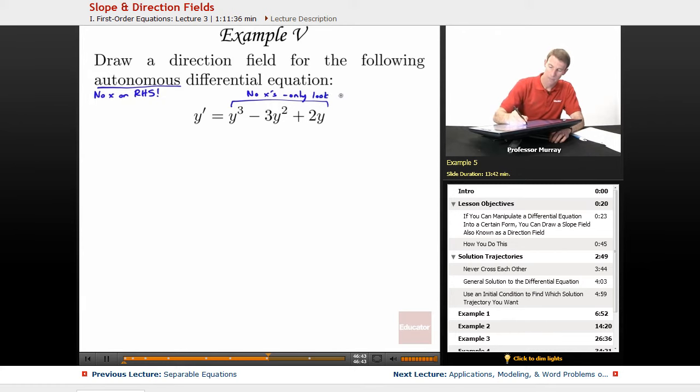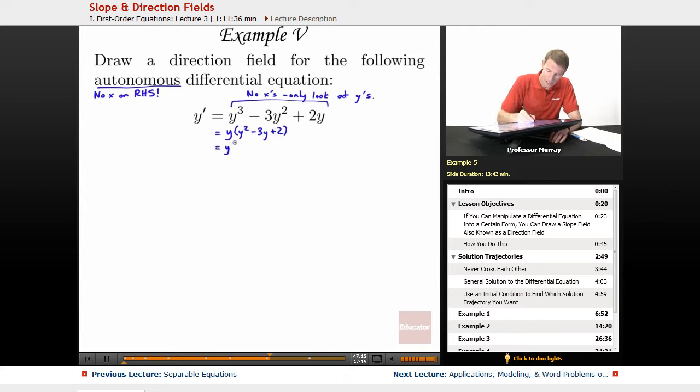Now, that's going to have very interesting consequences for us. What I want to do is a little algebra on that function on the right, and then we're going to try to graph that function before we actually draw our direction field. I can factor out a y, and I'll get y times y squared minus 3y plus 2.